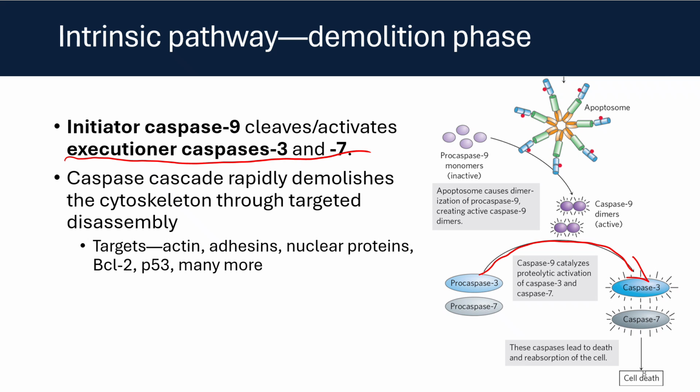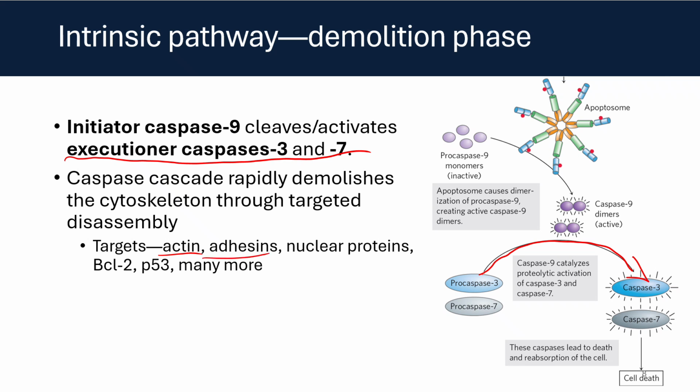And when they do that, the cell begins to systematically lose its structure. So there are indeed a few hundred substrates for these executioner caspases. I don't expect you to know them all, but in a word, I would like to share the highlights, like actin. Executioner caspases love to chop up actin, and actin's job is to provide the cell with rigidity.